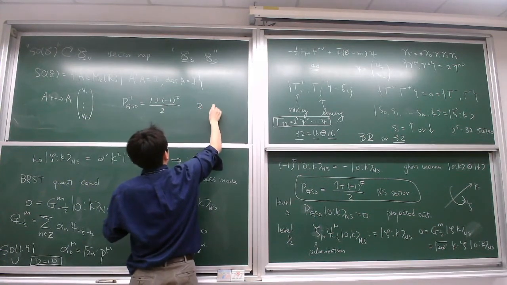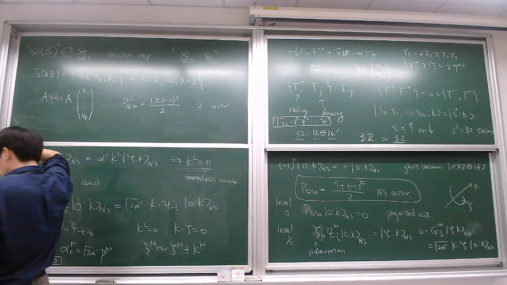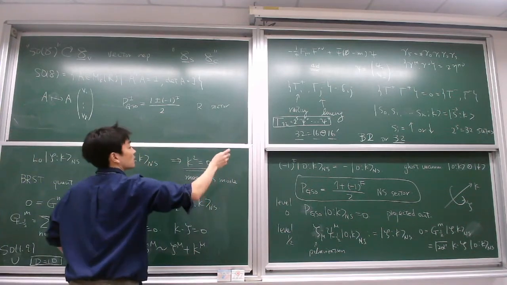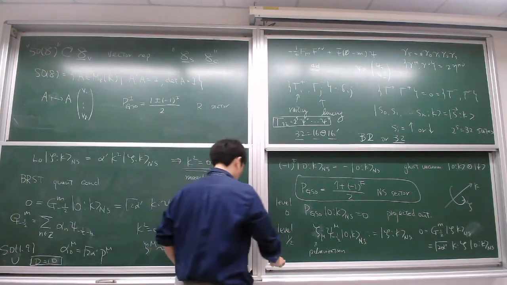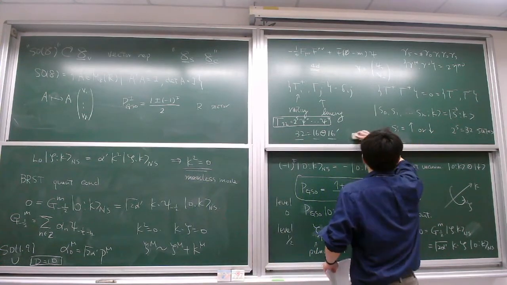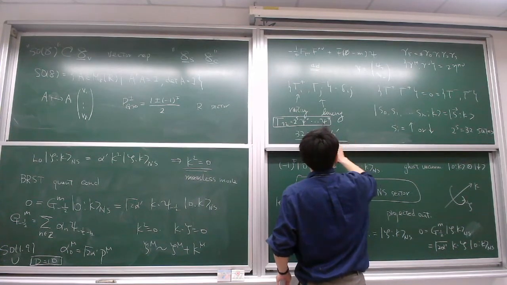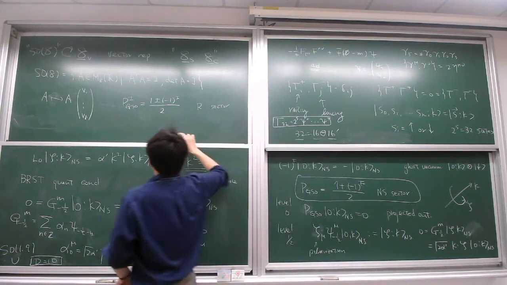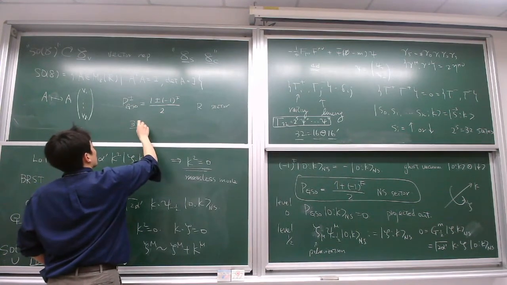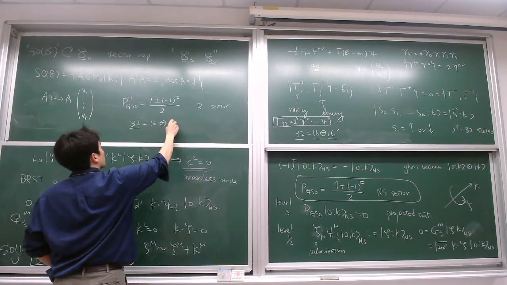This is the Ramond sector. There are two choices. 32 is equal to 16 plus 16 prime.